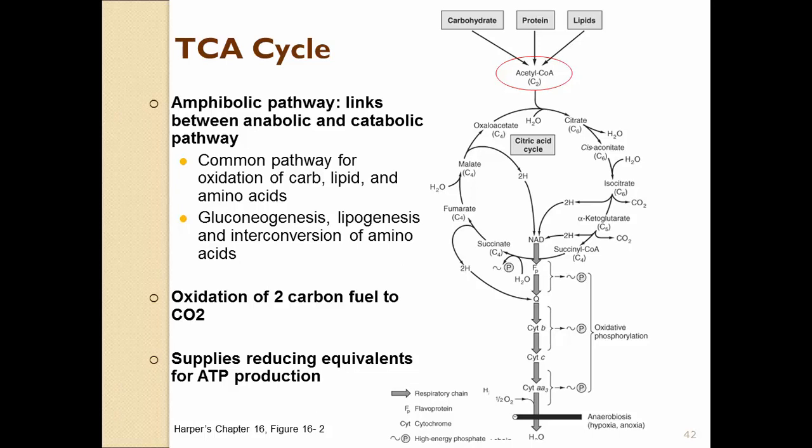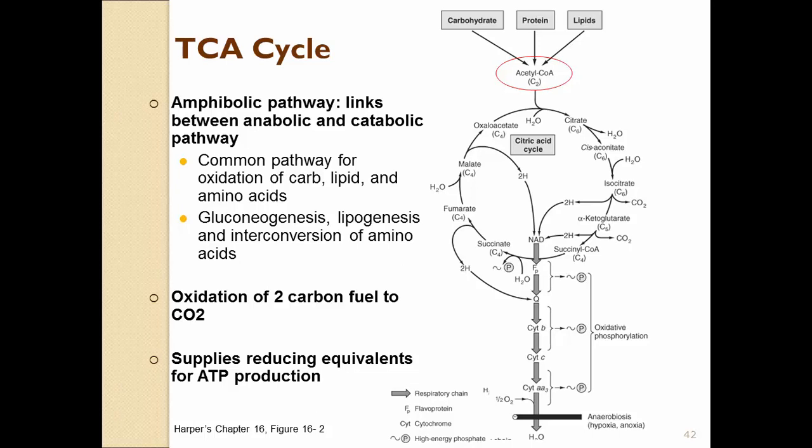Acetyl-CoA enters the TCA cycle for complete oxidation. During the TCA cycle, a lot of ATP is produced, either directly from substrate-level phosphorylation or by producing NADH and FADH.